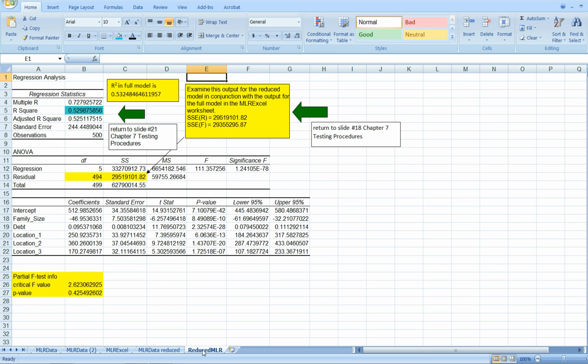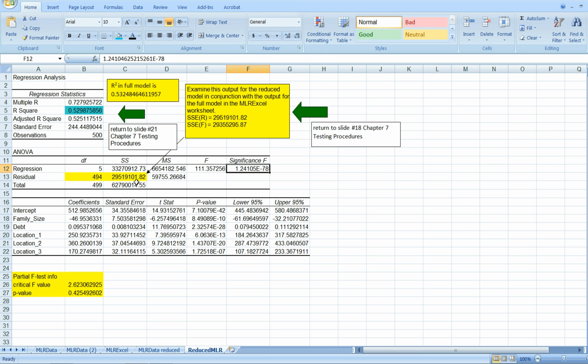And our reduced model in this case produces, and you've seen this already, these estimated regression coefficients. The model is highly significant. We talked about this in a previous lesson. And what I want you to pay attention to at this point is that the sums of squares error associated with this reduced model is 295,19101.